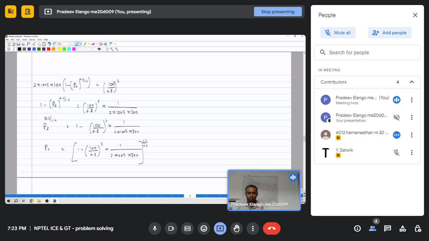So on the left hand side we had 0.4 by 1.4, on the right hand side we made it 1.4 by 0.4. Can you calculate P2?